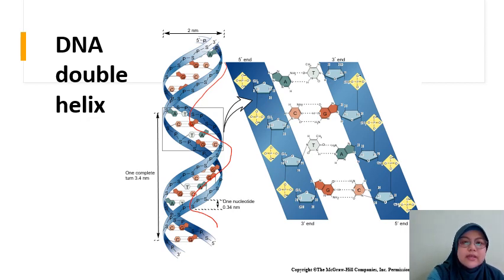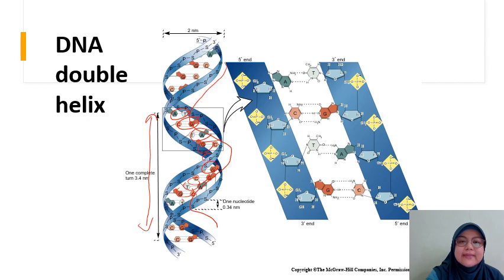Let's see, 1, 2, 3, 4, 5, 6, 7, 8, 9, 10. 10 bases and 3.4 nanometers for one complete turn of the double helix.